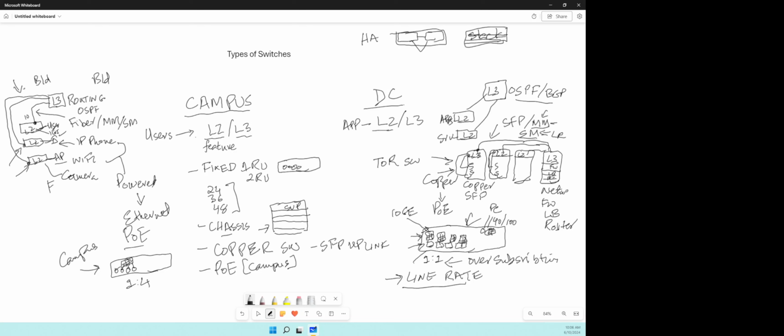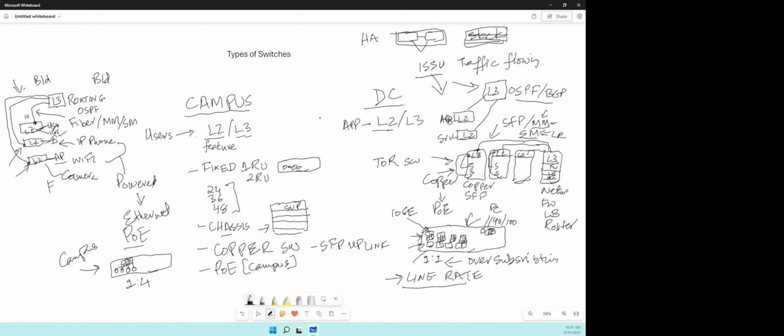For example, use case of ISSU, in-service software upgrade, usually applicable in data center, where when you upgrade the software on a layer 3 or layer 2 switch, the traffic is still flowing. So even though you're doing upgrades, the ISSU feature would keep the traffic flowing, and not many switches do support that, but it all depends on the use cases.